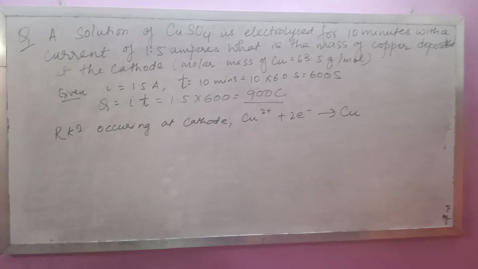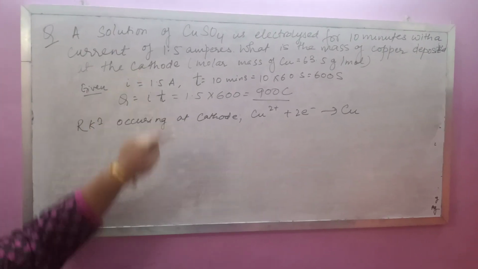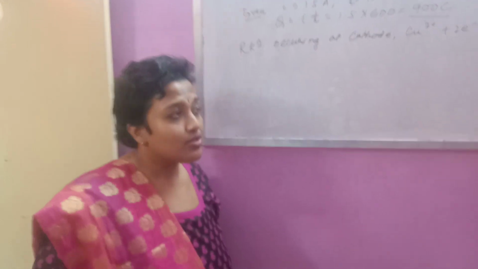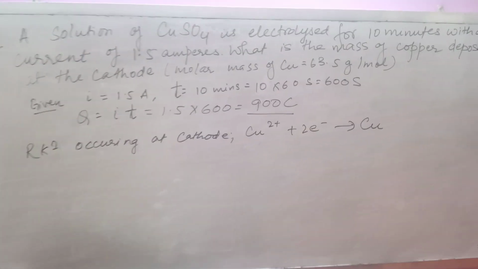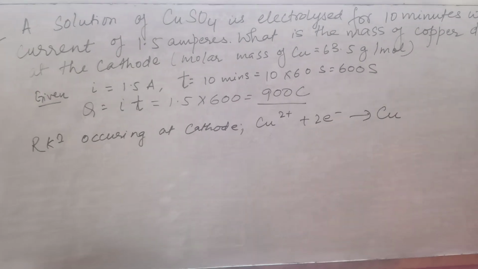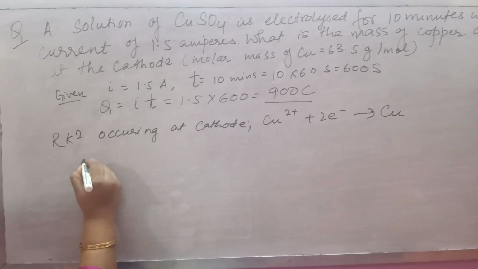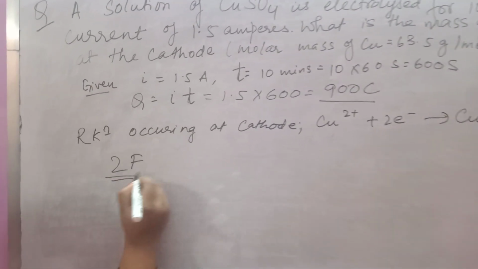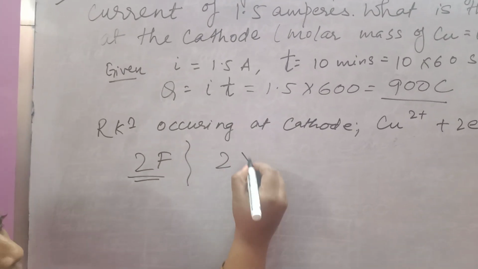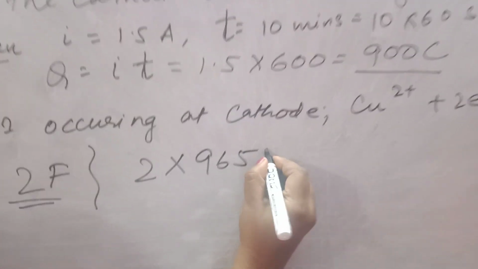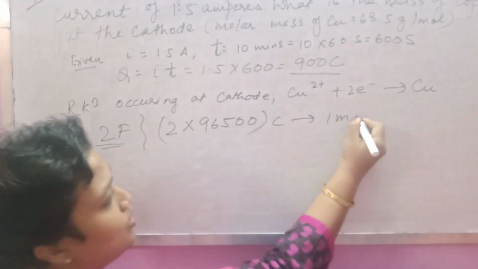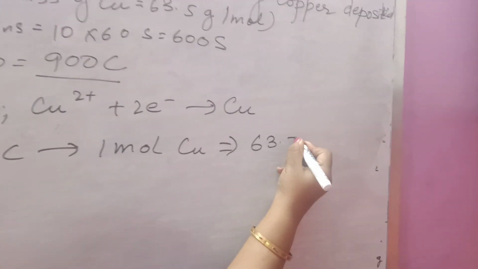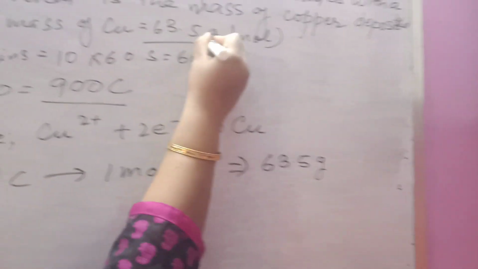But one more important thing: this reaction is occurring at the cathode. That means copper is gaining electrons. So the equation will be Cu2+ gains 2 electrons to form Cu. That means 2F is required. This 2F means 2 into 96500 coulombs will deposit 1 mole of Cu, that means 63.5 gram, which is given already.